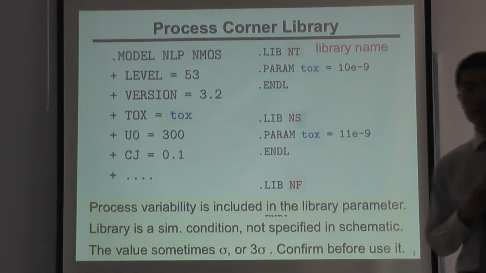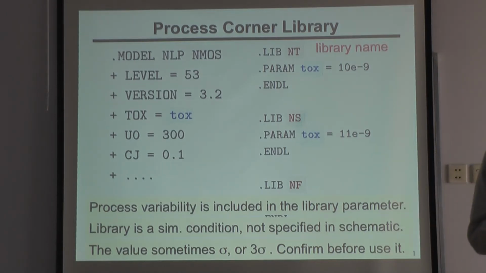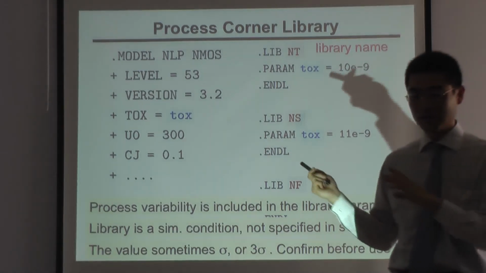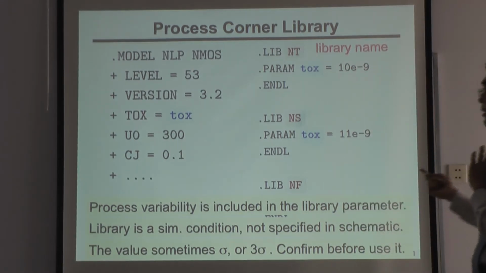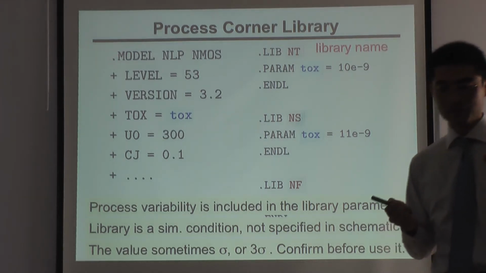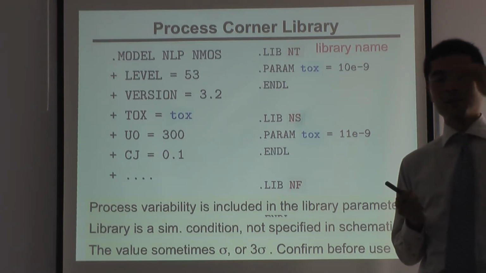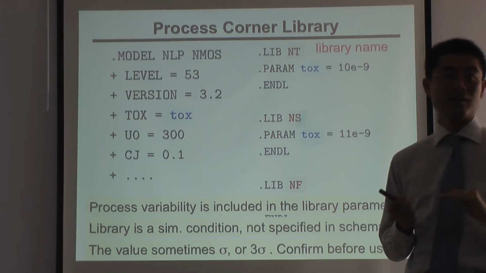Also, we have a process corner library. Maybe I'll talk about it in more detail in later sections. Sometimes the process gives typical values, sometimes the fabricated result is high performance, and sometimes it's low speed.